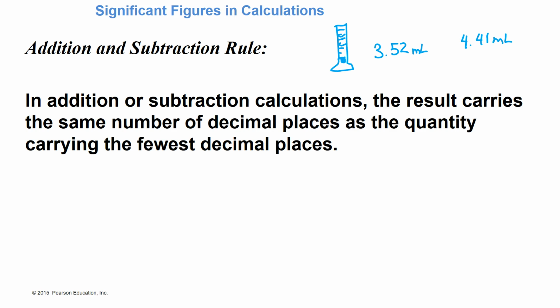What this is saying is if I did a calculation and I'm trying to find out the volume of that rock, I'm going to go 4.41 minus 3.52. And now we have to do some subtraction there, and I don't want to tax my brain because it's first period. So I'm going to go ahead and cheat.